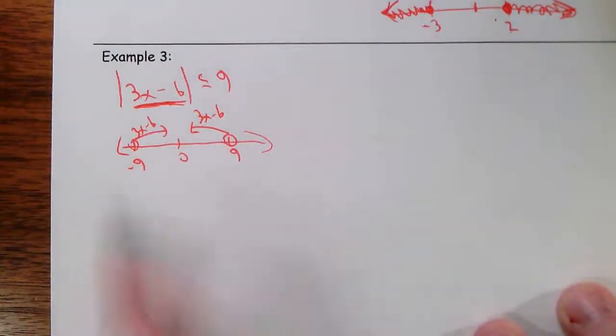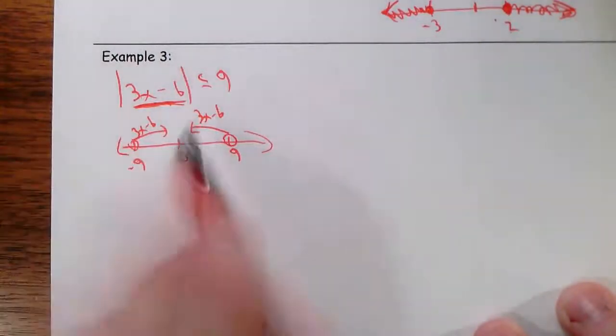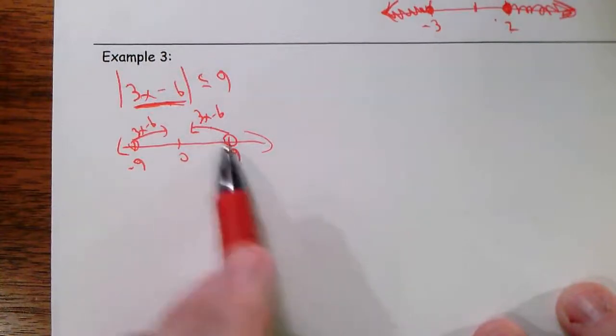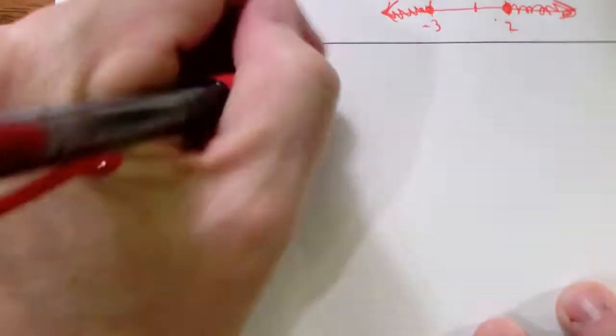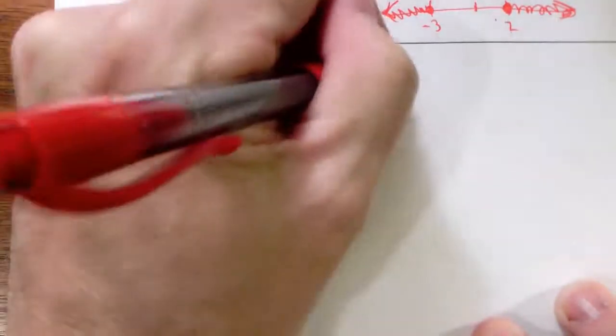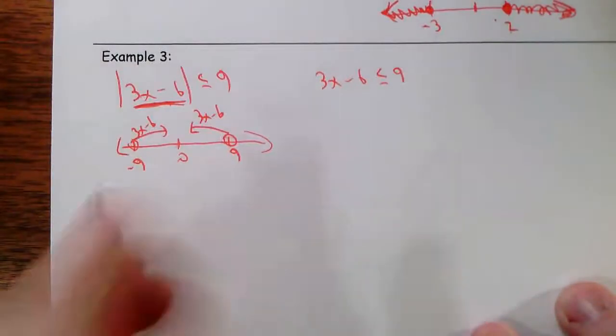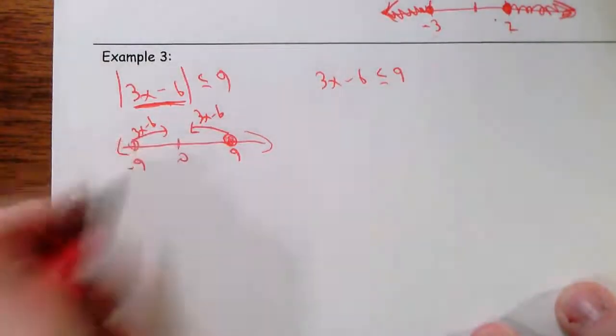And the inequality is this. The 3x minus 6 has to be less than 9. That's what this little arrow is saying. 3x minus 6 has to be less than or equal to 9. Should have had a shaded circle there, I guess.